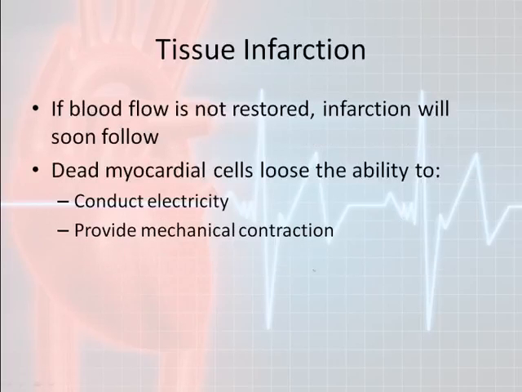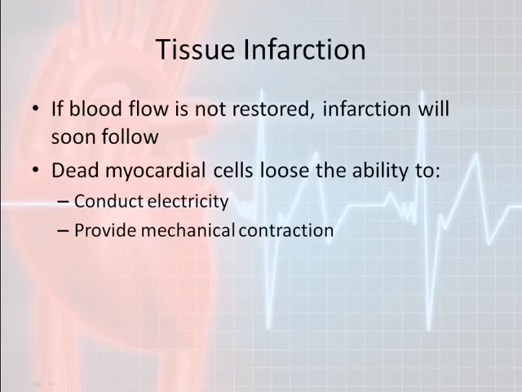Tissue infarction, on the other hand, if blood flow is not restored, the injury will infarct. In other words, the cells will die. Once the cells die, they are gone forever. You can't go in there and re-stimulate them or reperfuse them to start building up again. Once the cell is dead, it cannot be reanimated.